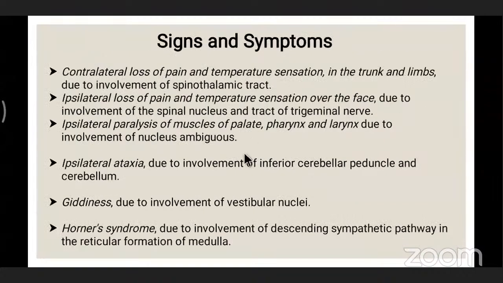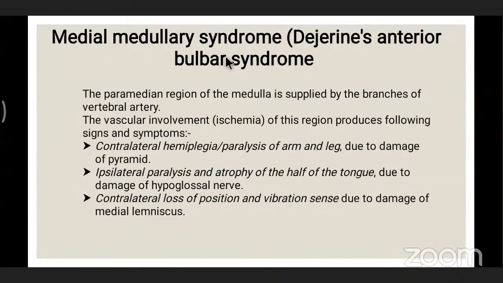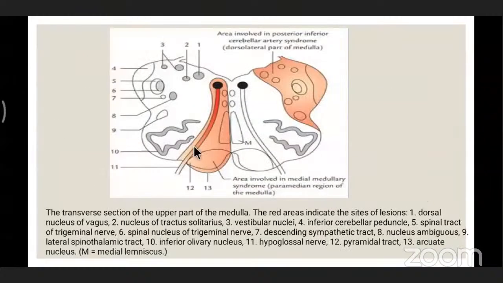So we have studied the signs and symptoms. Now we'll see the medial medullary syndrome, which is Dejerine anterior bulbar syndrome. The branches of vertebral arteries supply this paramedian region. When there is thrombosis in these arteries, this area will get affected, and the structures involved will lose their function.